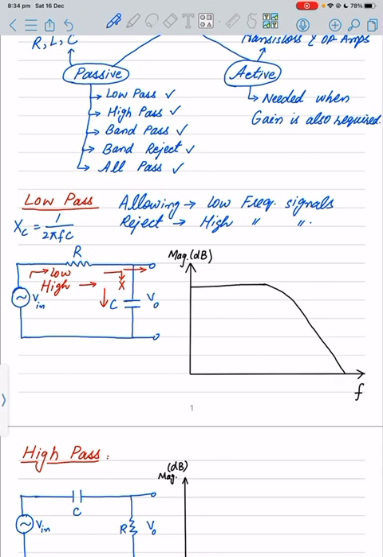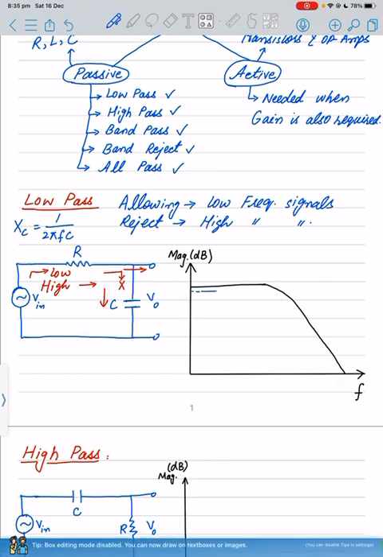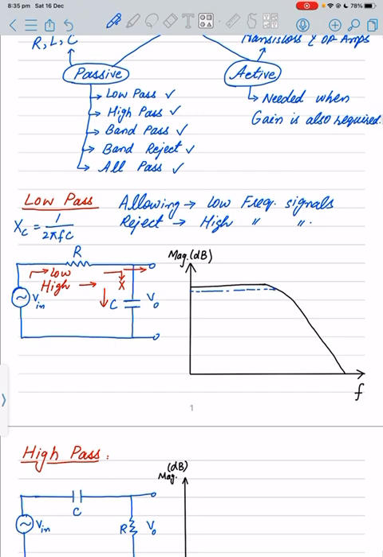So that is the point over here, and we say that that is the -3 dB point, और हम इस point को denote करते हैं with the critical frequency FC, और इस critical frequency को हम corner frequency भी बोलते हैं. The other name could be the break frequency, so there are different names for this particular point.